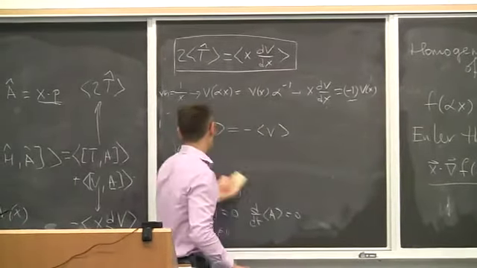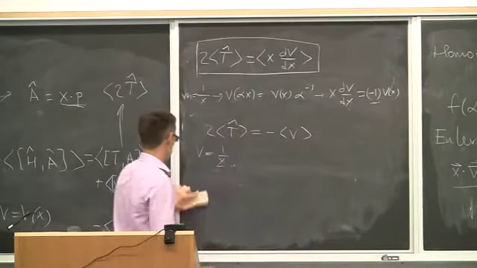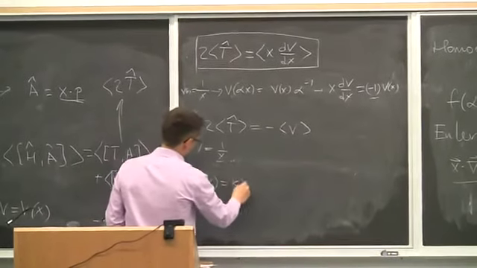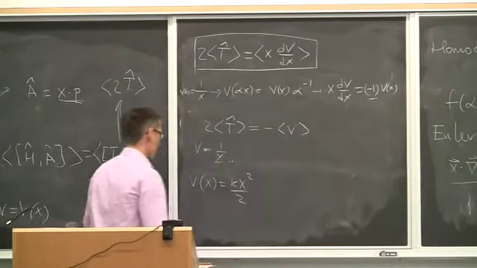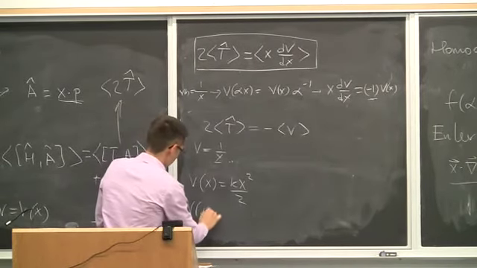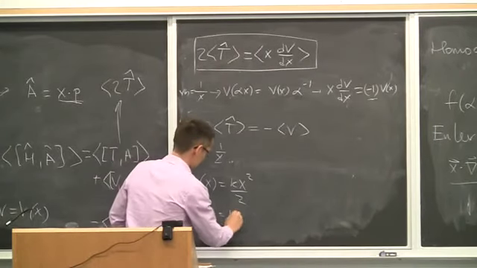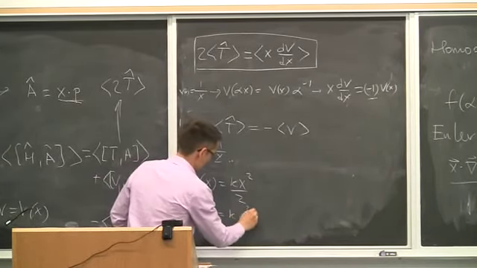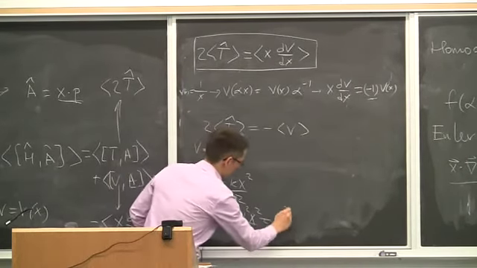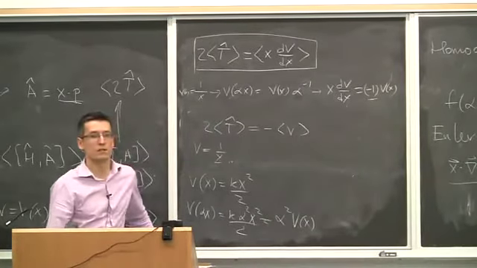Now, if you have a harmonic oscillator, V of x equals kx squared divided by 2, right? Then V of alpha x is equal to k alpha squared x squared divided by 2, so this is alpha squared V of x, right?